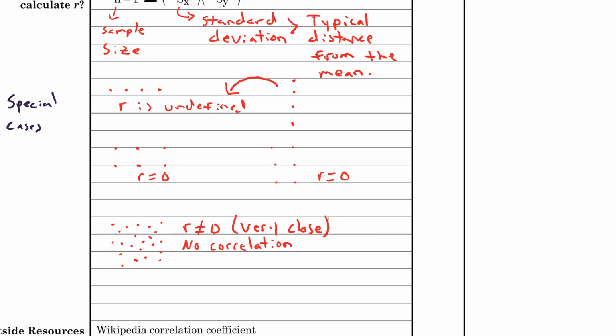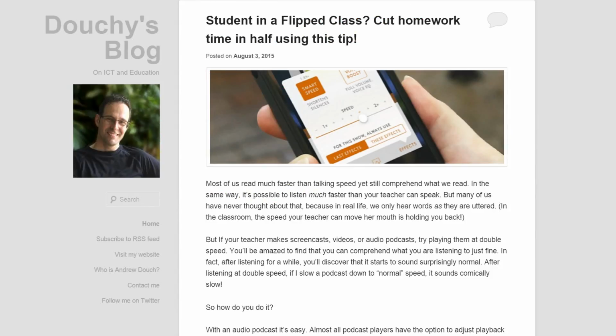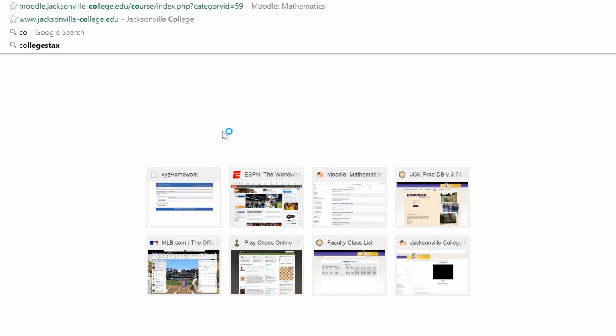All right. Some additional resources that will be helpful for you. First, the Wikipedia correlation coefficient article. I suggest you show this to the students right along with the video. We're going to take a quick look at that page. Correlation coefficient.